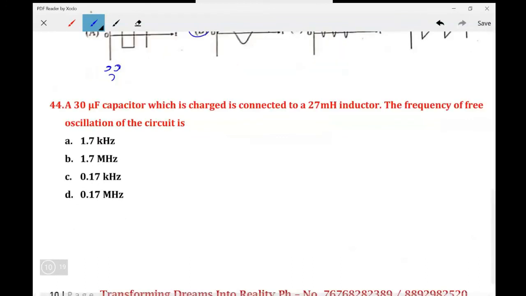A 30 microfarad capacitor which is charged is connected to a 27 millihenry inductor. The frequency of free oscillations of the circuit is, so what is the formula for this? Omega, free oscillation omega, is equal to 1 by root LC.